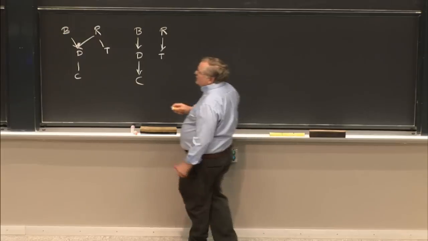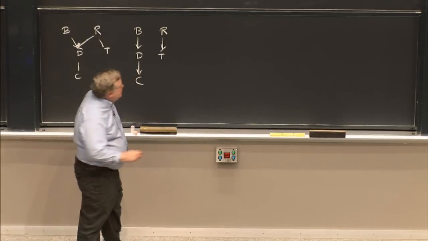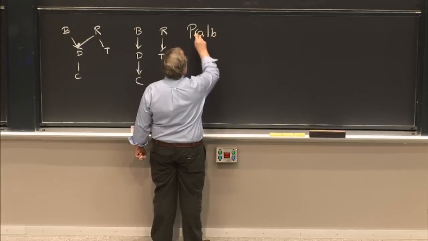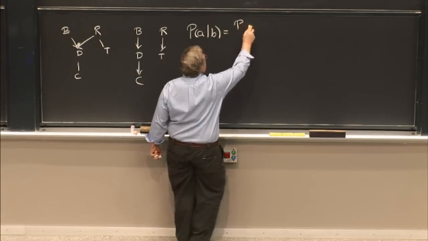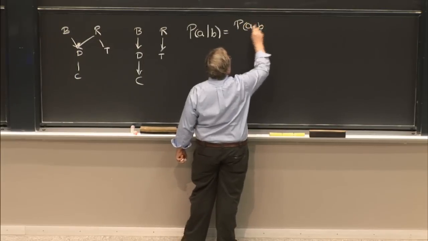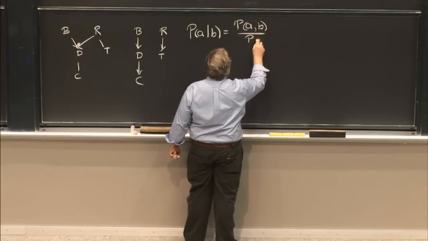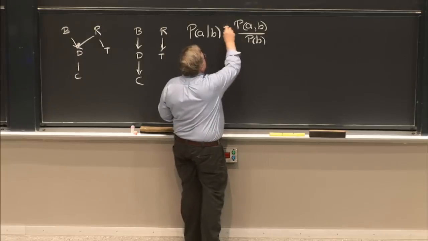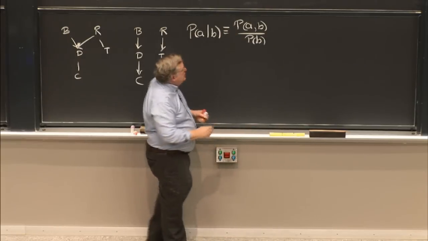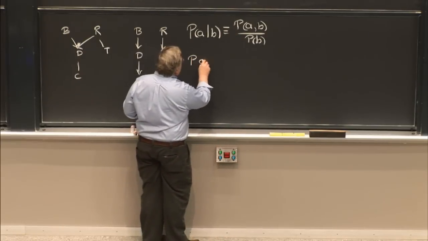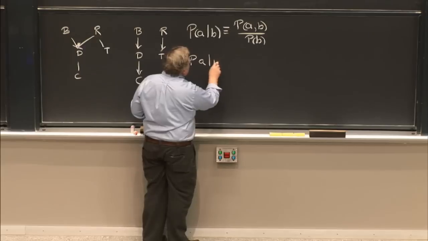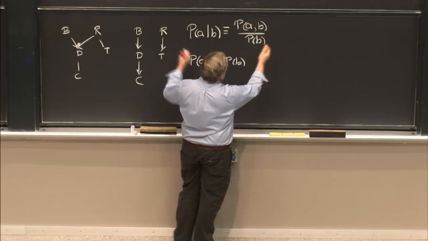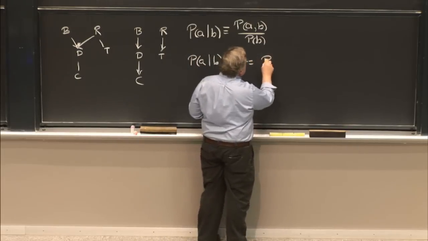We know from the definition of conditional probability that the probability of A given B is equal to the probability of A and B divided by the probability of B, right? Equal to, by definition. So that means that the probability of A given B times the probability of B, I'm just multiplying it out, is equal to that joint probability.